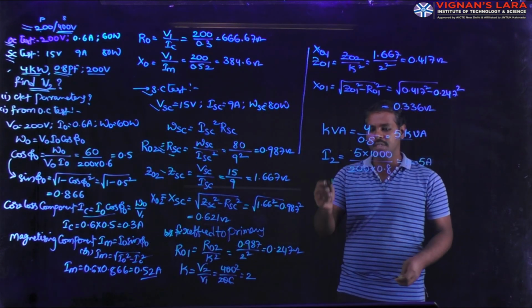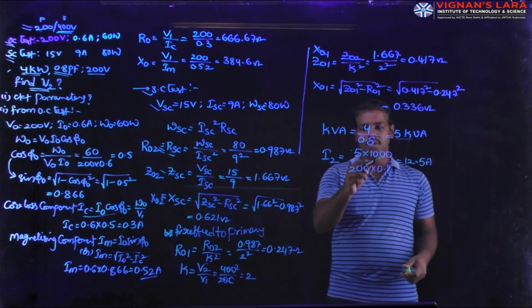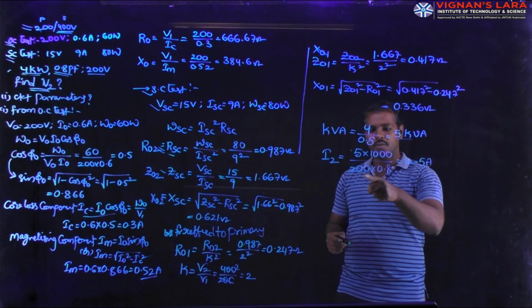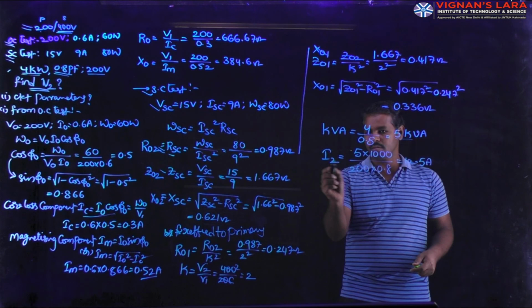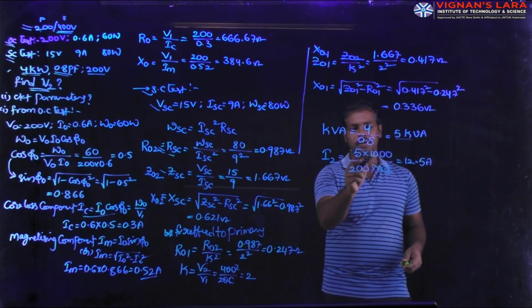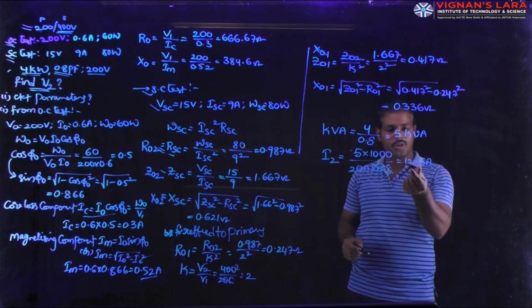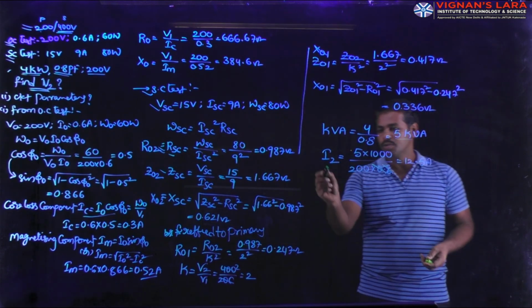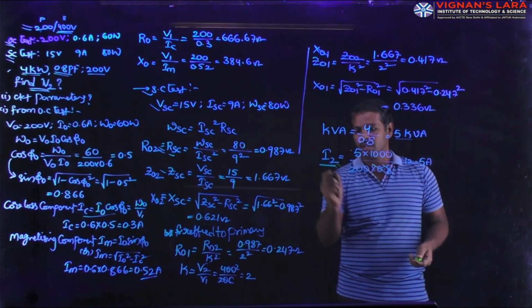So I2 is equal to 5 kVA divided by voltage, that is 5 into 1000 by 200, which is equal to 12.5 amperes. So the secondary load current is also a known parameter.